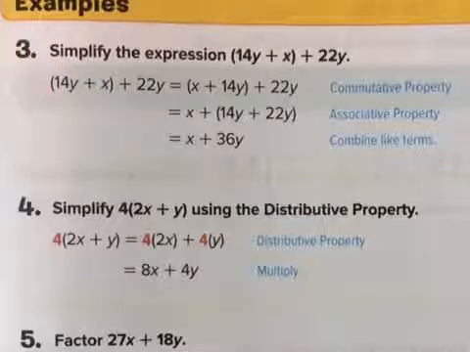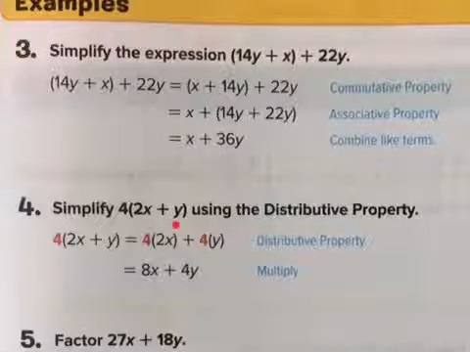Well, I know the 14y and the 22y will work together, so I can go ahead and manipulate it in a way. So you notice I'm shifting around the order, right, to put the x out and put the 14y and the 22y together side by side. Then I use the parentheses to group them, associative property. Then I work it out to 36y plus x.